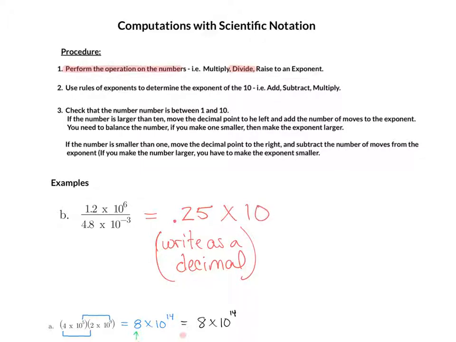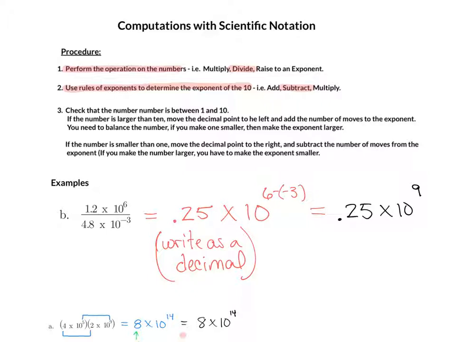Times 10 to the, we want to subtract our exponents. We get 6 minus negative 3. We change our minus negative 3 to a plus 3. And so we should get 0.25 times 10 raised to the 9th power.